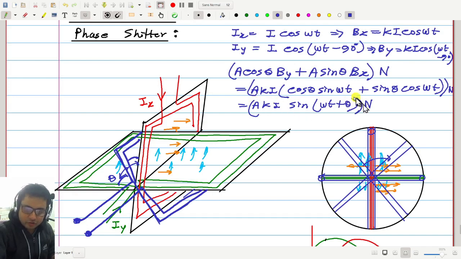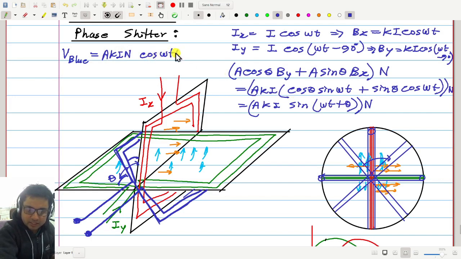Here, the voltage in the blue coil will be the time derivative of this, that is A, K, I, N, all these constants, times cosine of omega t plus theta, with omega.